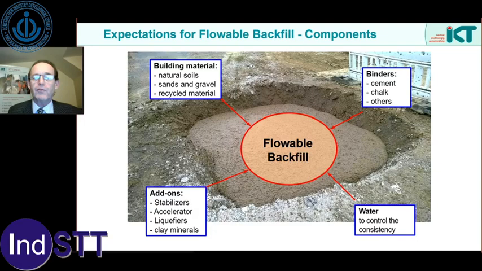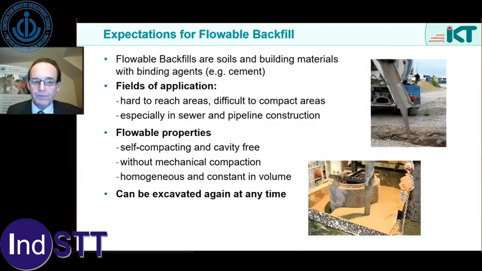Well, it can be used in these hard-to-reach areas. So perhaps areas where it's difficult to get other normal compacting equipment into, because we're always interested in being able to properly support pipe work and underground utilities. It's particularly useful in sewer or pipeline construction as a consequence.